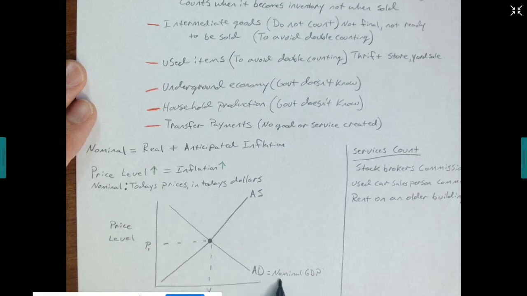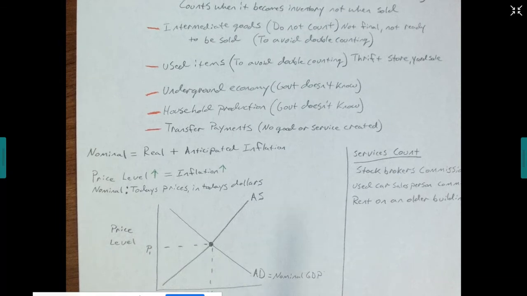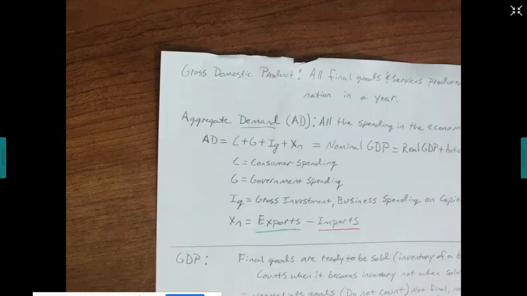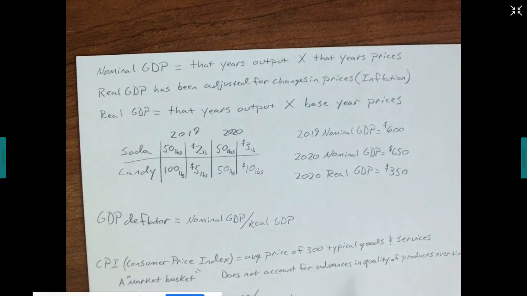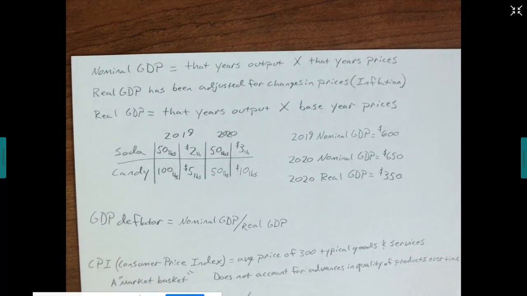That is our nominal GDP, and it's also known as our aggregate demand. Nominal GDP is equal to that year's output times that year's prices.